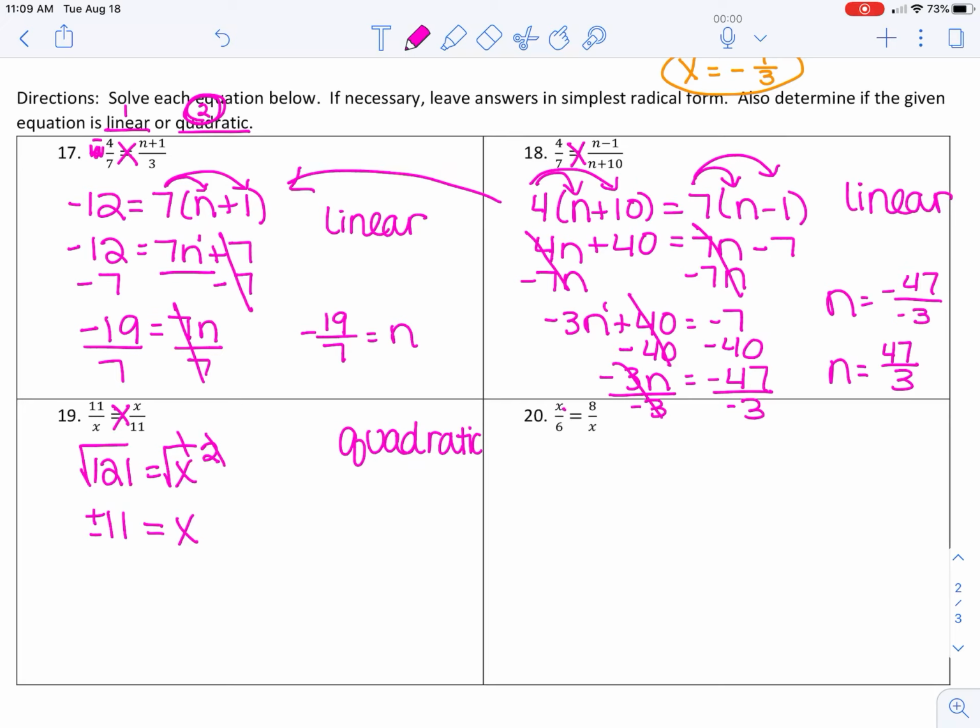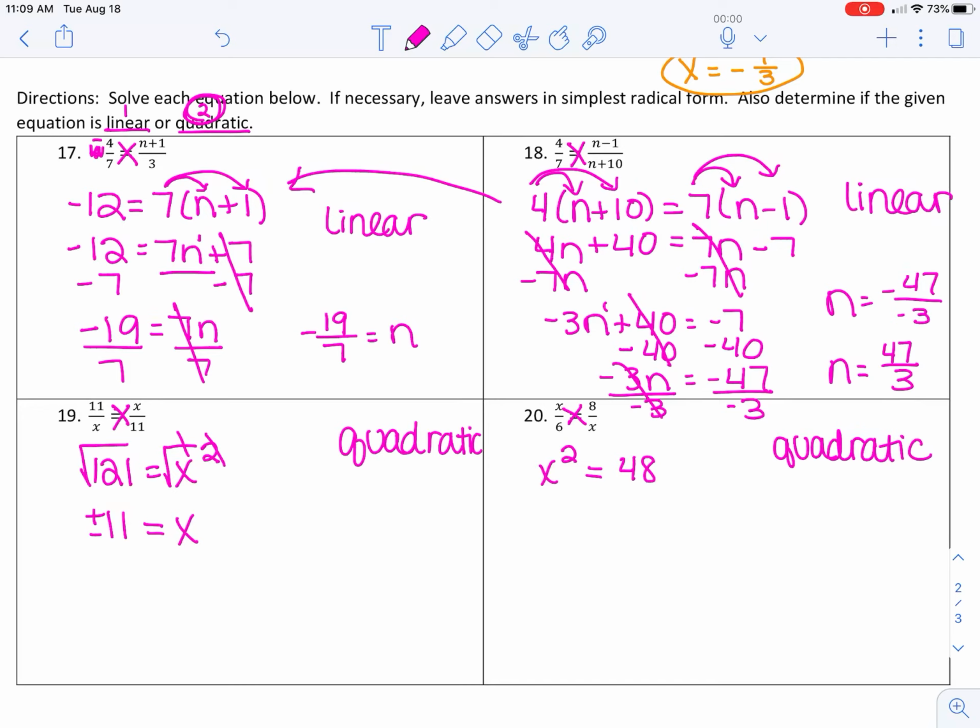Then if we look at 20, I'm going to take x times x, and that's going to give me x squared. Then I'm going to take 6 times 8, and that is going to give me 48. Okay, again, I can probably answer the fact that this is also quadratic because we have an exponent of 2.